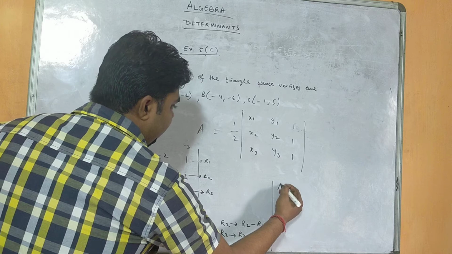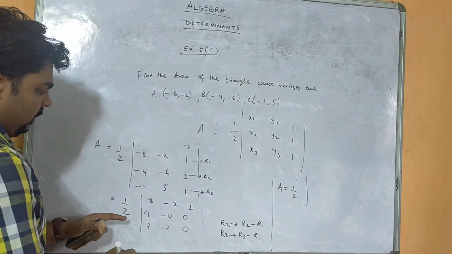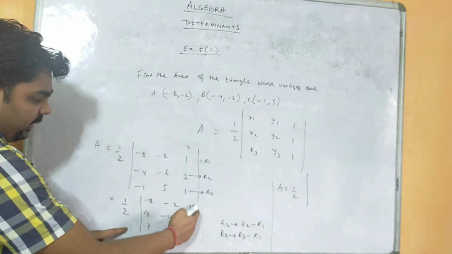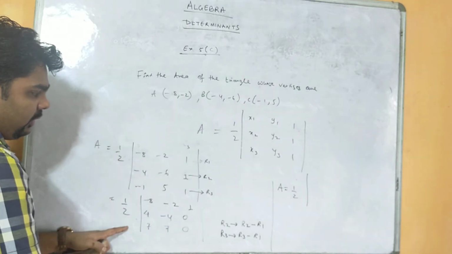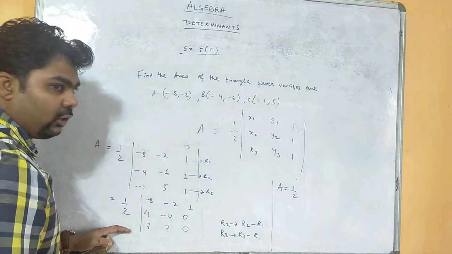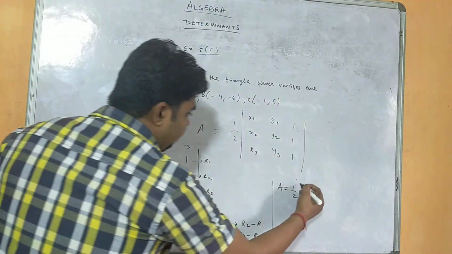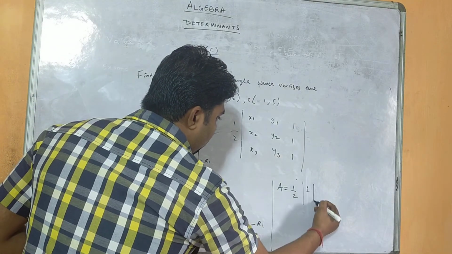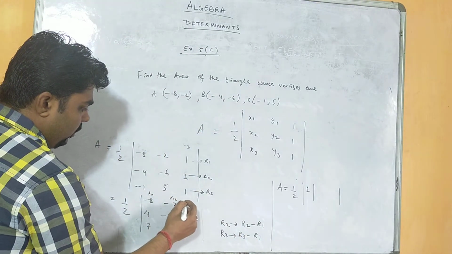After getting these values, we can easily find it now, with half in front. Now we will expand along column 3. If I expand in terms of column 3, 2 terms are 0, so it will be easy for us to expand. This is A11, A12, A13.